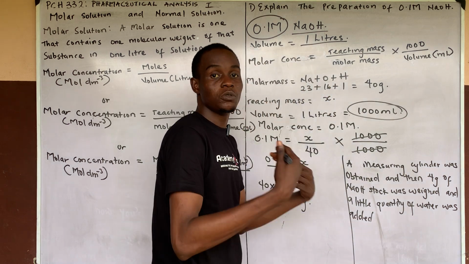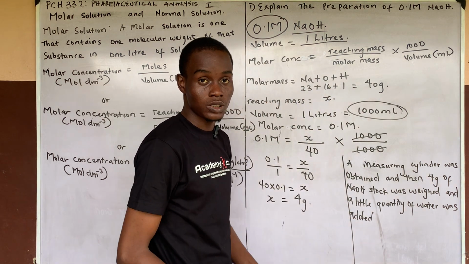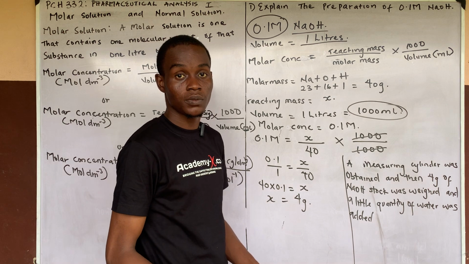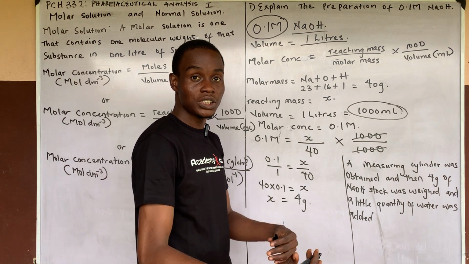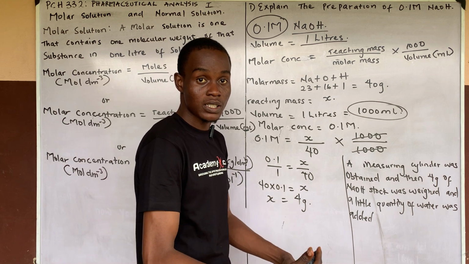Mind you, you don't just add the 1000 ml or 1 liter of water. You add a little quantity of the water. When you add a little quantity of the water, you shake them, ensure thorough mixing.